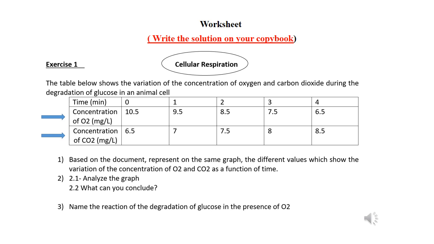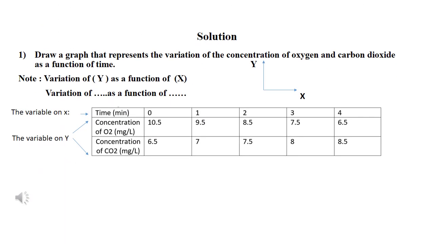Based on the document, represent on the same graph the different values which show the variation of the concentration of oxygen and carbon dioxide as a function of time. Determine the variables on both the x and y axis. The title of a graph is always written as the variation of y as a function of x.